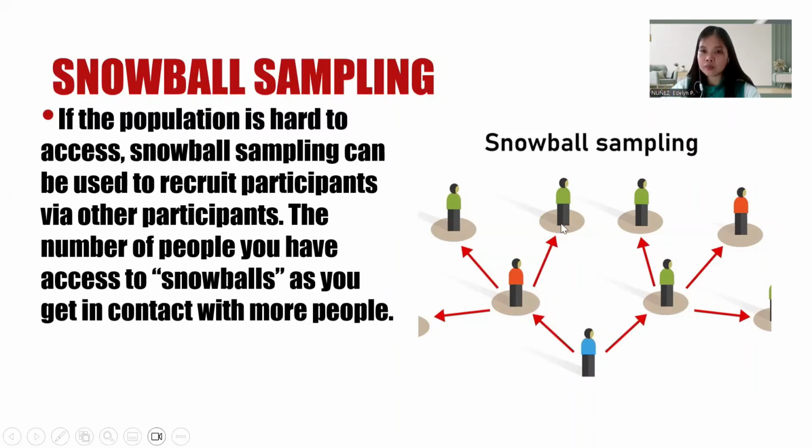Okay, then you go there. So in other words, snowball sampling is based on the recommendation of your participants. The number of people you have access to snowballs as you get into contact with more people. They might recommend a lot of people, so you don't know the total population there. You just rely on those individuals you have surveyed.